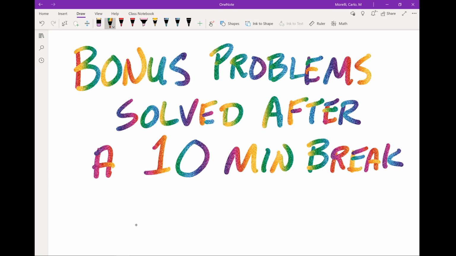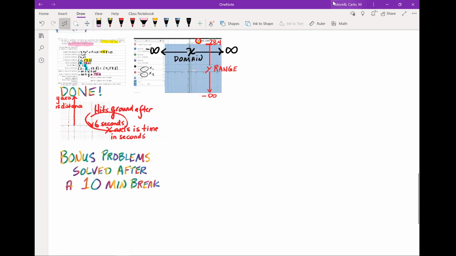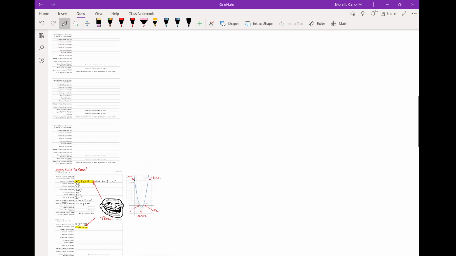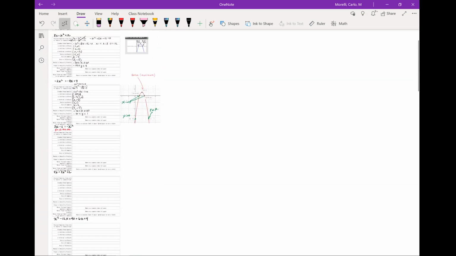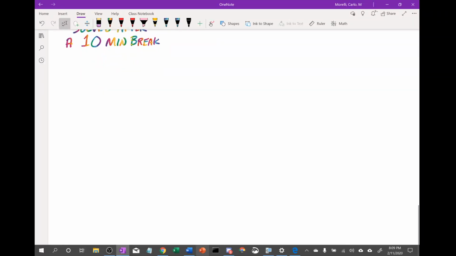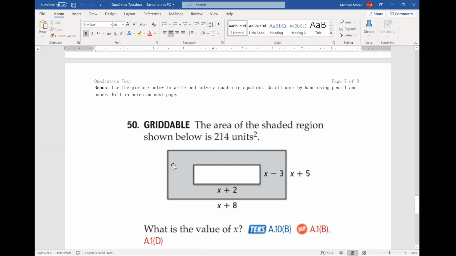Okay, I'm back. And now we want those bonus questions. Well, first I'll do the bonus question, which was page 5, or this problem here.